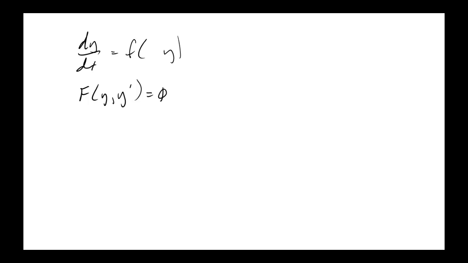Now, we'll assume throughout that the function f in this equation, equation 2 here, and its derivative, f prime, are continuous functions on y on some interval I. So let's look at a few of these.